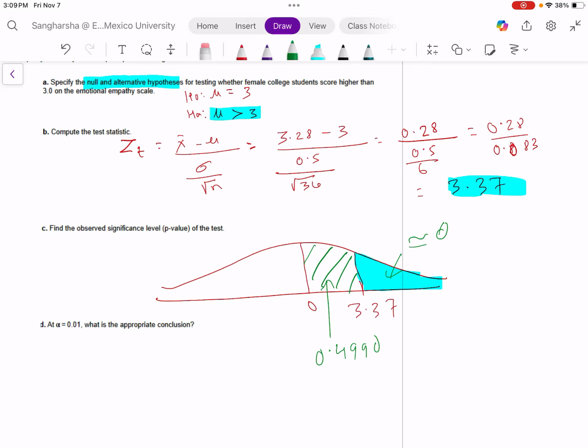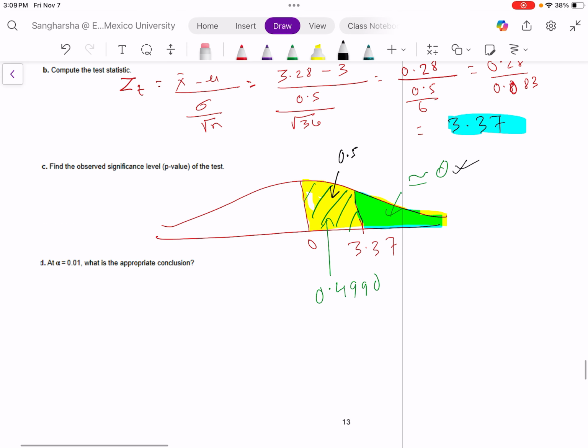The total area on the right of 0 is 0.5, and from our table this yellow region is almost 0.5, so the green region would be almost 0.